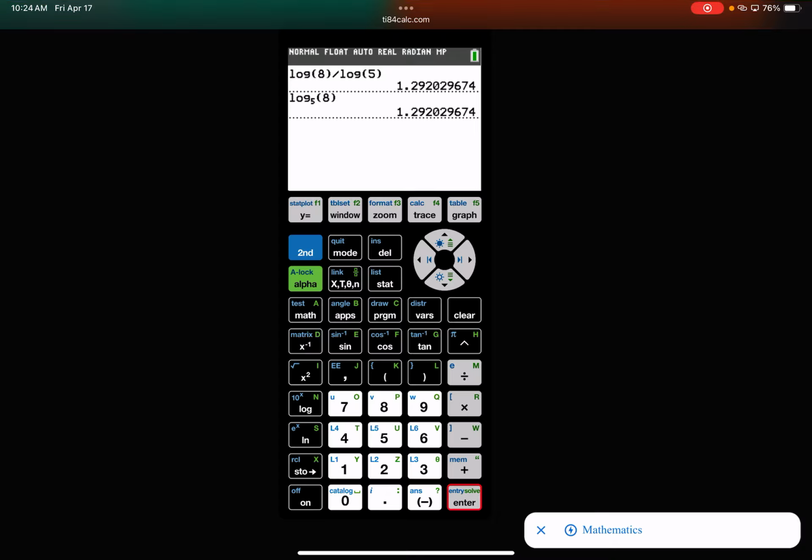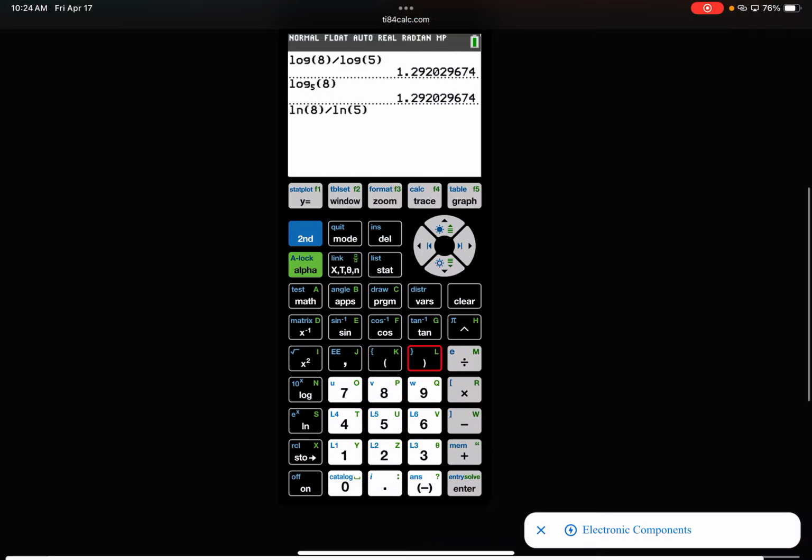So it's the same thing. I could have also used the natural log for my change of base. That would have been the natural log of 8 divided by the natural log of 5 instead of using the log. This will still give me the same answer. So that's 3 different ways you could have found the value of that log.